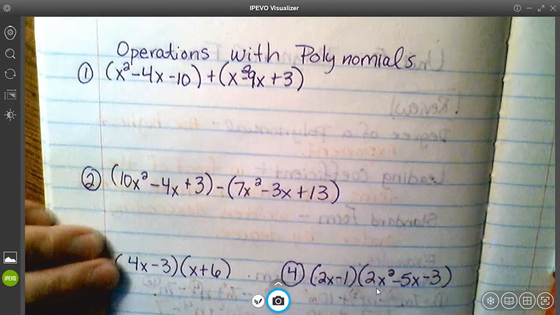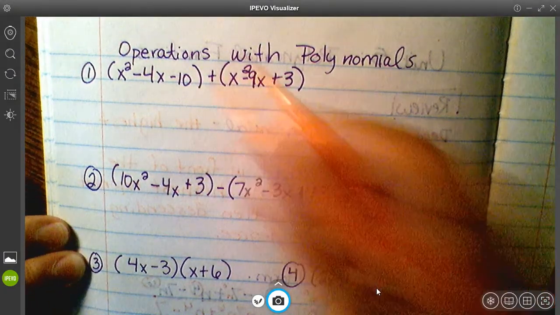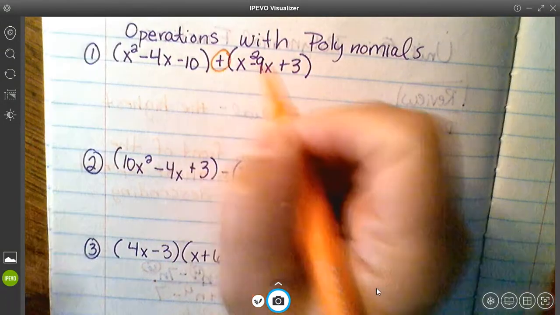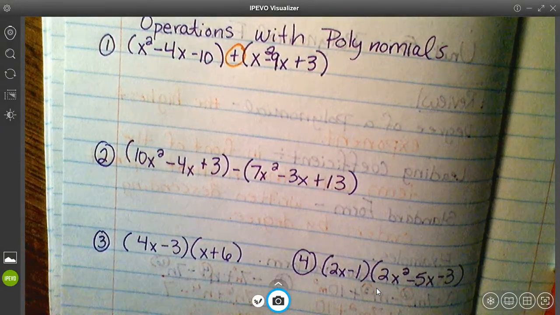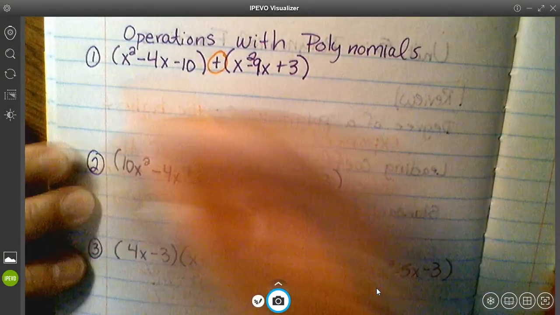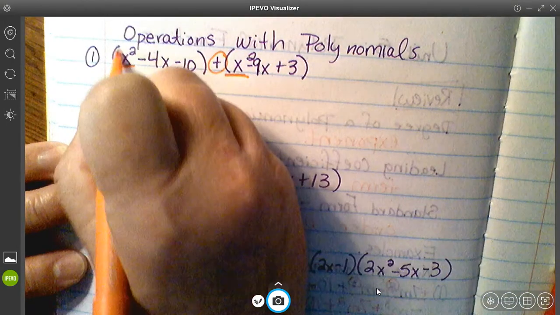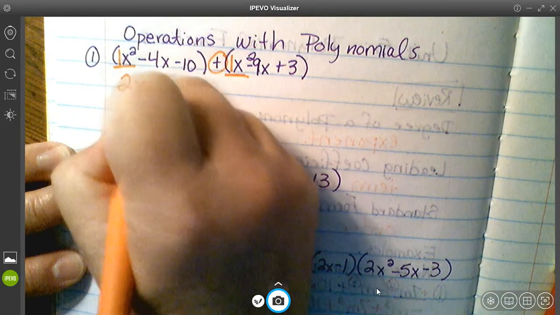So now we're going to add, subtract, multiply, and divide them. So here you have to pay attention. We are adding here. So this is the same as combining like terms. I have an x squared term here and an x squared term here. So I have one of these plus one of these. It's going to give me 2x squared.